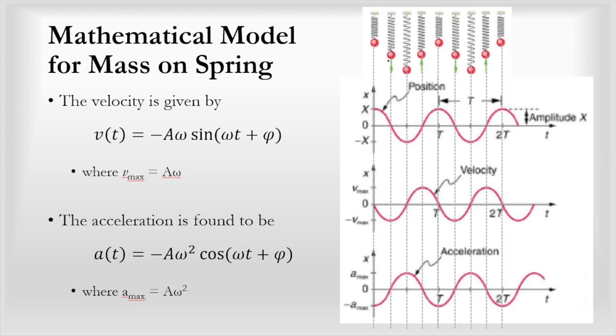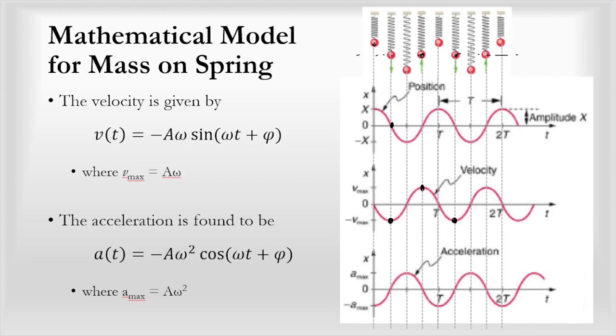And I put these graphs over here. You can see how at different points, when it goes through the equilibrium position, and we'll study this a little bit more with energy, it'll reach a maximum velocity. Equilibrium position, another maximum velocity. So when it goes through the center of the motion, it's going to be at maximum velocity.